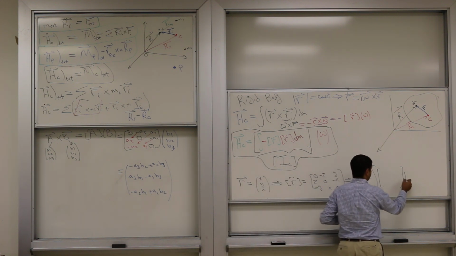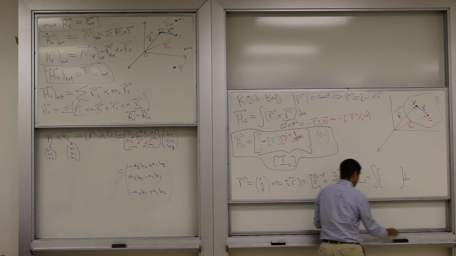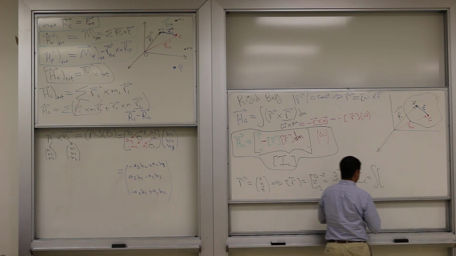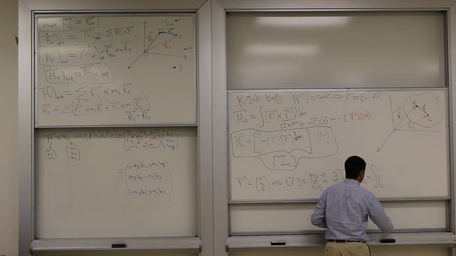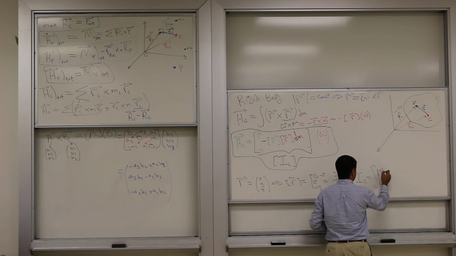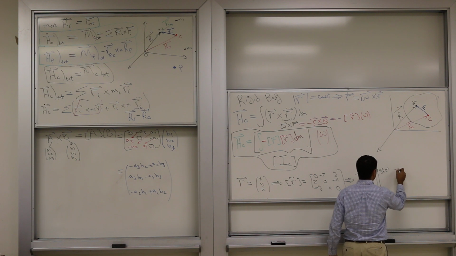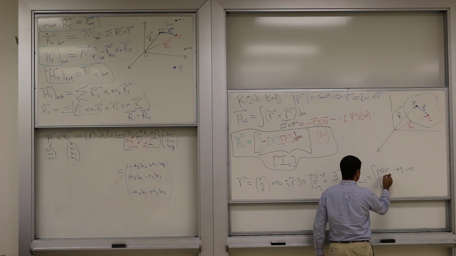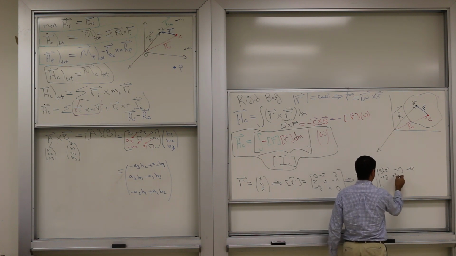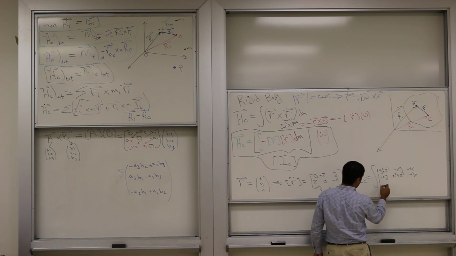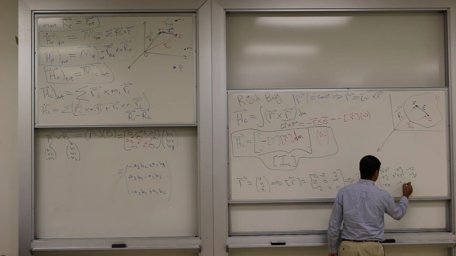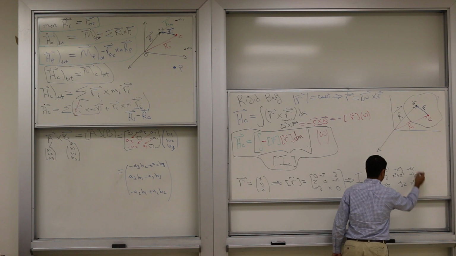Okay? Do this, you'll find here y squared plus z squared, negative xy, negative xz; negative xy, x squared plus z squared, negative yz; negative xz, negative yz, x squared plus y squared, dm.